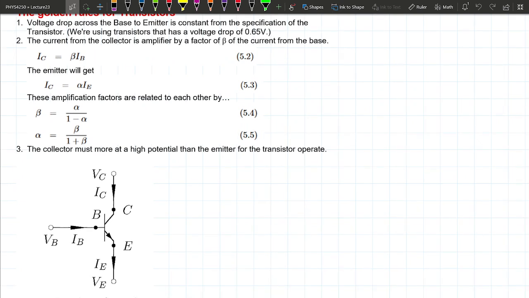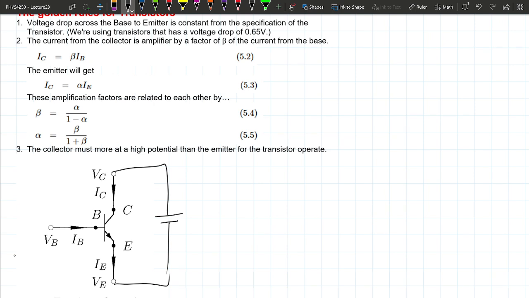Let's just get some nomenclature in place. The part where you connect to the P-dope region is called the base. The part where you connect the positively biased end, meaning the positive end of your battery, let's say over here, that's called the collector.